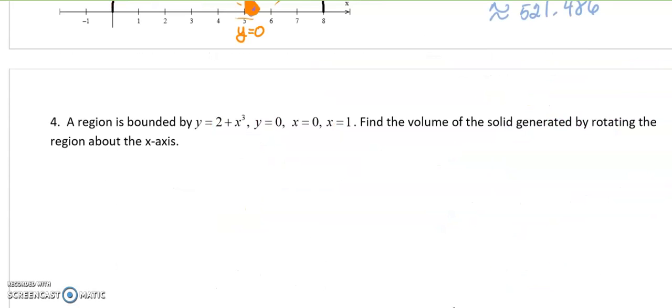Okay, now we're going to work on example 4. So please go ahead, read the problem. After you've read the problem, I'd like you to determine how do you integrate, with respect to x or y. After the rotation, does that create a washer or a disc? Then I'd like for you to get an integral set up.